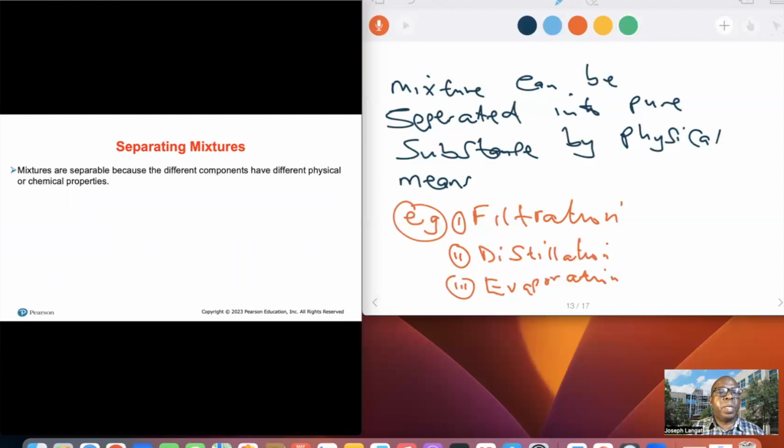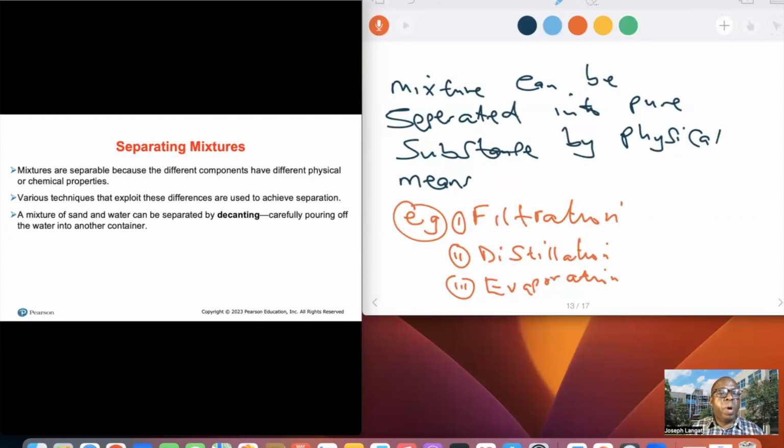Mixtures can be separated based on the component, physical or chemical properties of those will determine which method you are going to use to separate the two. Various techniques that expose the difference in physical and chemical properties of individual substances in a mixture can be used to separate.